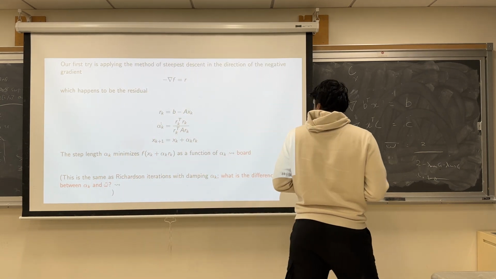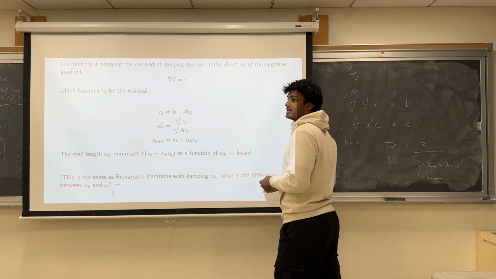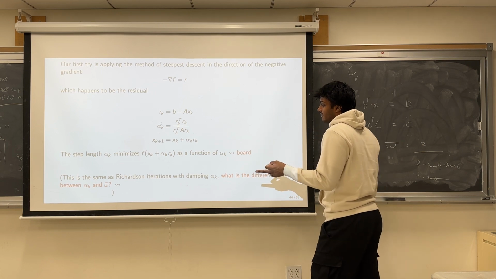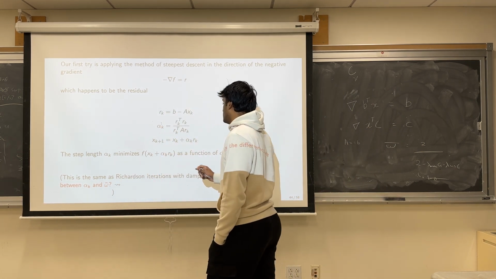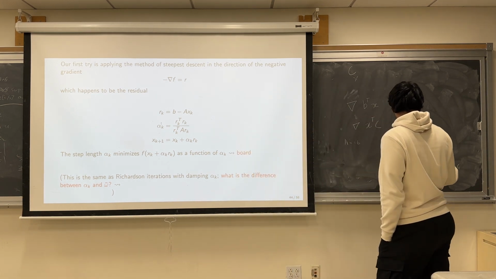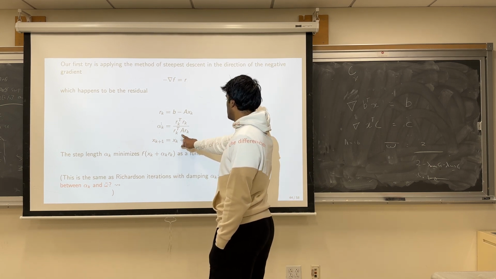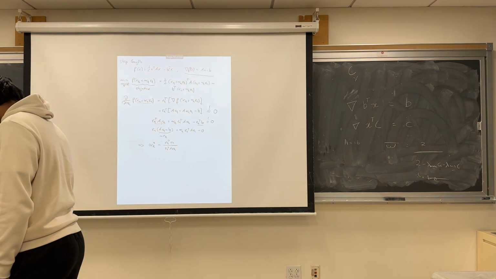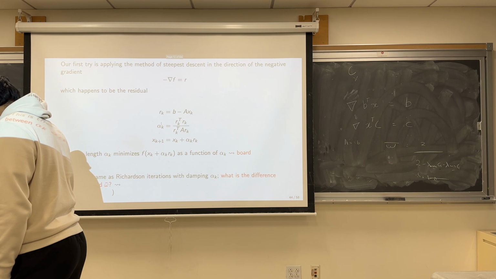So what is the difference between alpha k and omega? Well, number one, omega is a fixed number that doesn't change in every iteration, whereas alpha k changes in every iteration. Second, omega depends on the eigenvalues of G, whereas alpha k just depends on the residual and the matrix-vector product A times the residual. First, let us derive this also.